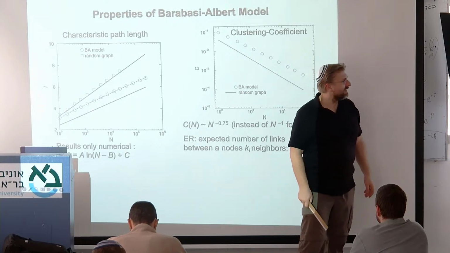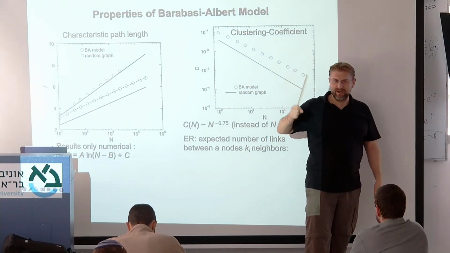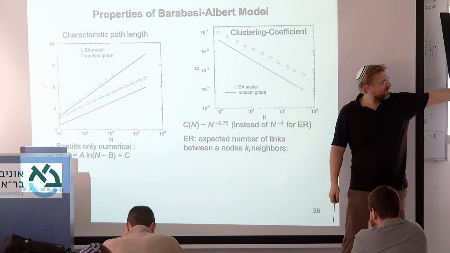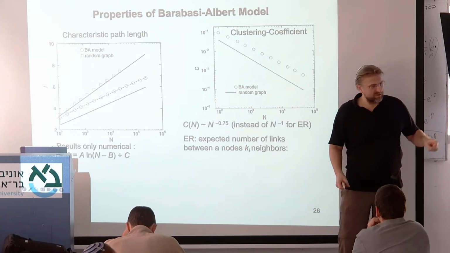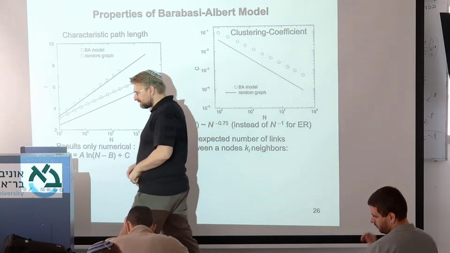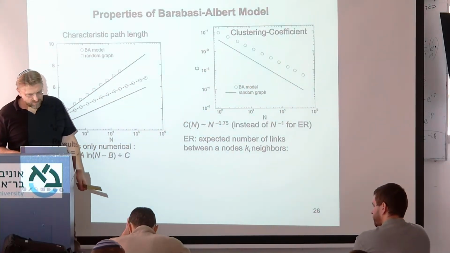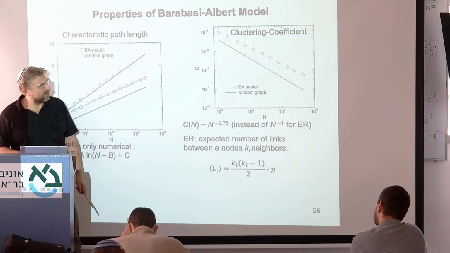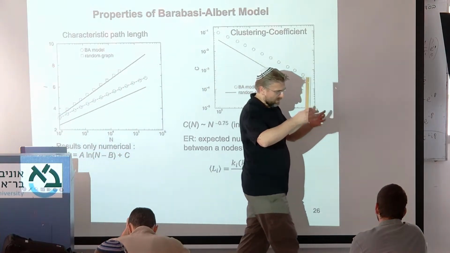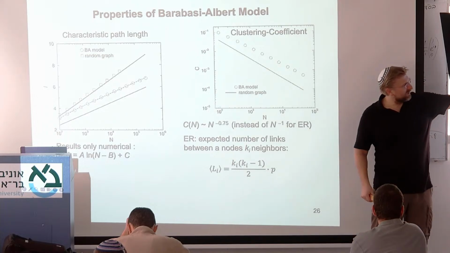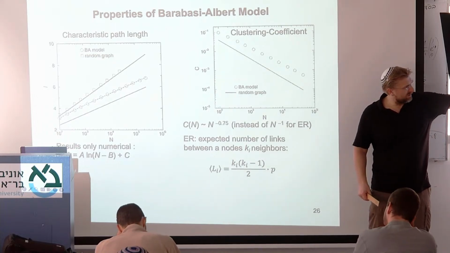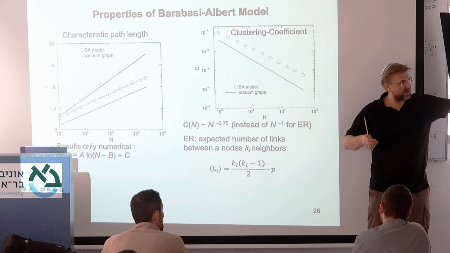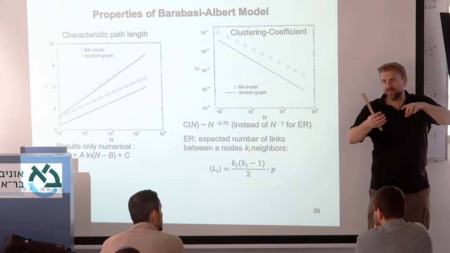How do we get this 1 divided by n behavior? We just put in the numbers. If you remember, for the Erdős-Rényi, the expected number of links between the k_i neighbors of a node was calculated. We did this on one of the first slides. It was the possible number of node pairs divided by 2, because we don't take into account the directionality, times p, the probability that they are linked.